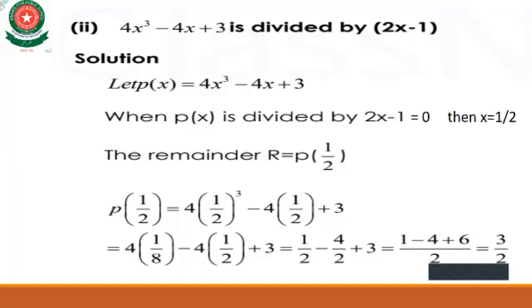Taking LCM, 2 is the LCM, 1 minus 4 plus 3 twos are 6. 6 minus 4 plus 1, that answer will be 3 by 2. So that is our remainder.